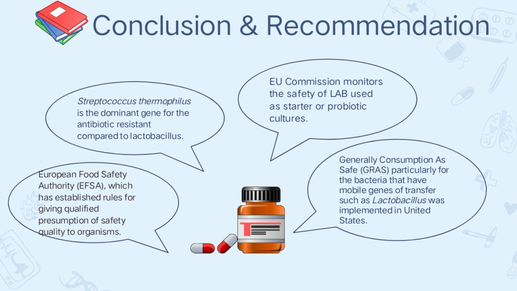The EU Commission monitors the safety of lactic acid bacteria used as starter or probiotic cultures in Europe through the European Food Safety Authority (EFSA), which has established rules for giving qualified presumption of safety status to organisms since 2003. This kind of guideline should be strictly implemented by the government of Malaysia to ensure that dairy products supplied to the public are safe to consume.